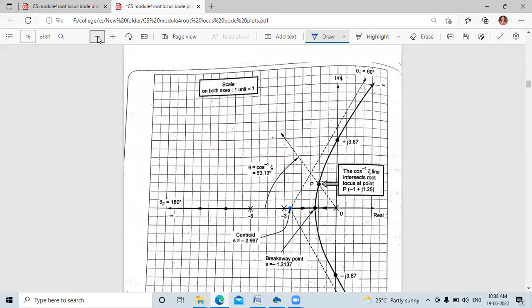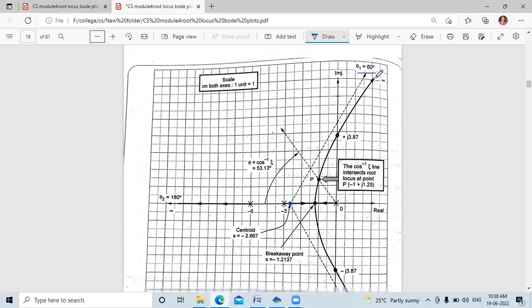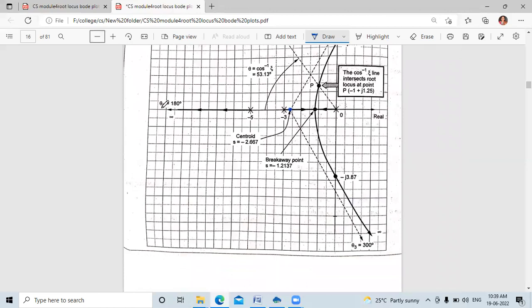You can observe the values: theta 1 equals 60 degrees, theta 2 is 180 degrees, and theta 3 is 300. The centroid value is minus 2.667. From here only we will mark theta 1, theta 2, theta 3.